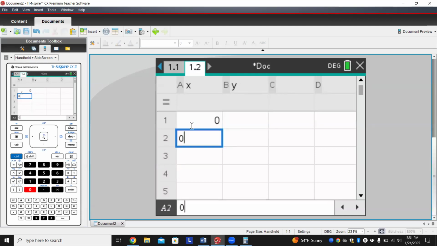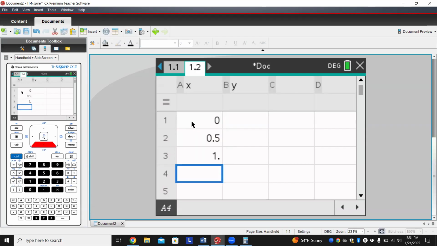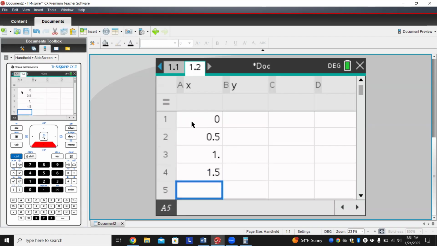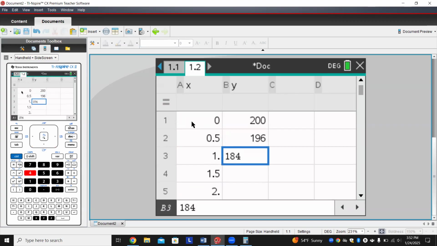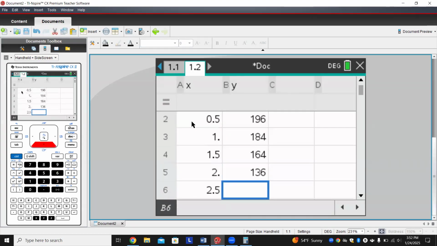That's 0, 0.5, 1.0, 1.5, 2.0, 2.5, 3.0, and then 200, 196, 184, 164, 136, 156. Again, make sure you arrow out.